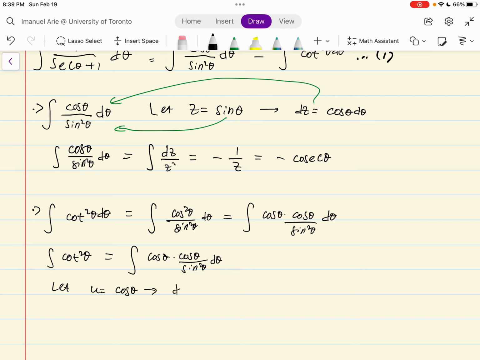This will give us here, and for the dv, we have already found the integral, which is equal to minus cosecant theta. That's the v. Wait, let me just write it more nicely.